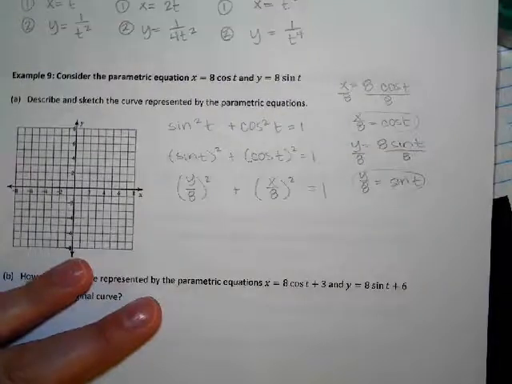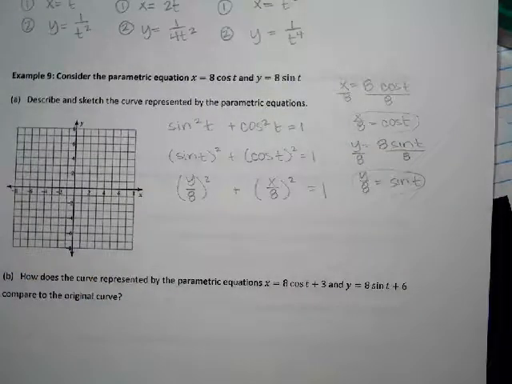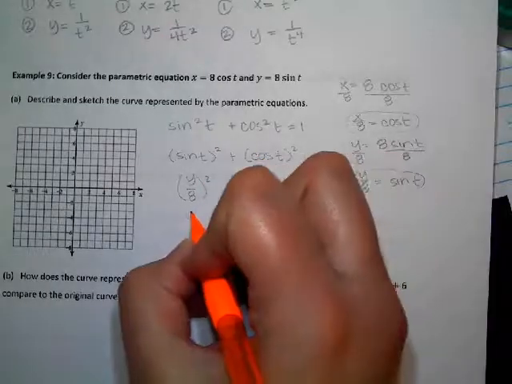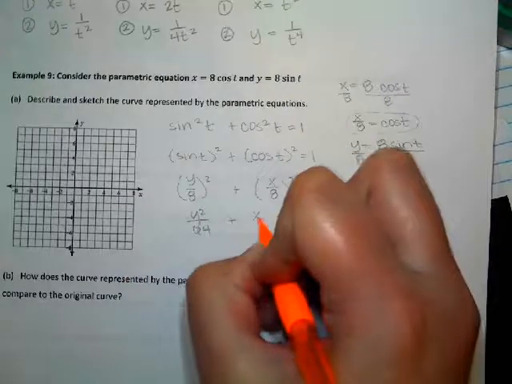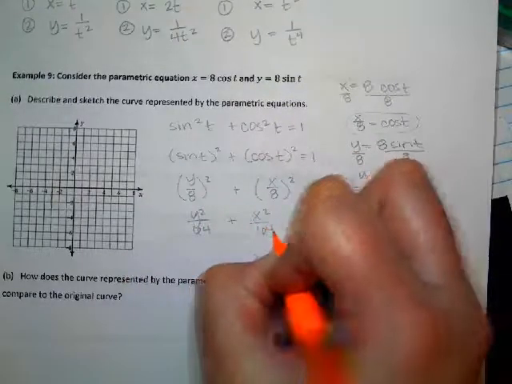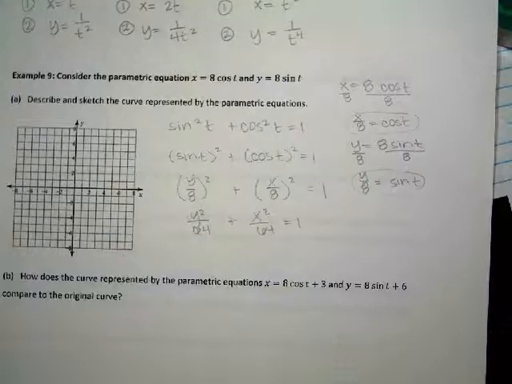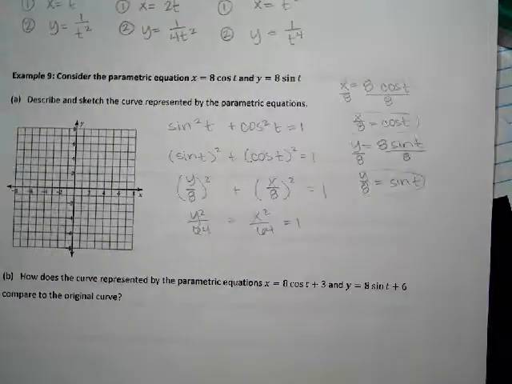So when you have a fraction squared, you just square the top and you square the bottom. Does that sound familiar? Okay, so this gives us y squared over 64 plus x squared over 64. And then if I don't want to have fractions, I can take the entire equation and multiply it by the denominator, so I'm going to multiply the whole thing by 64.